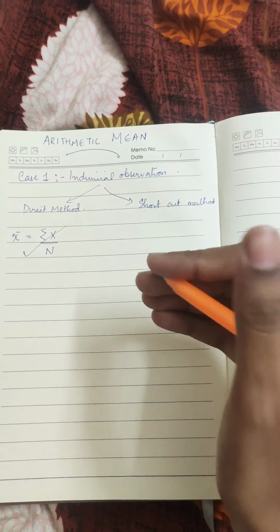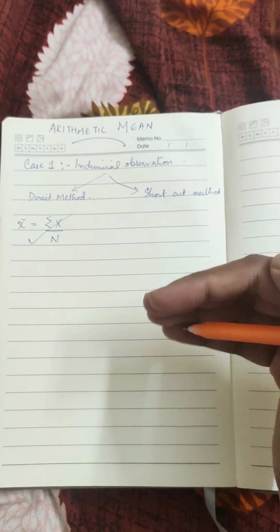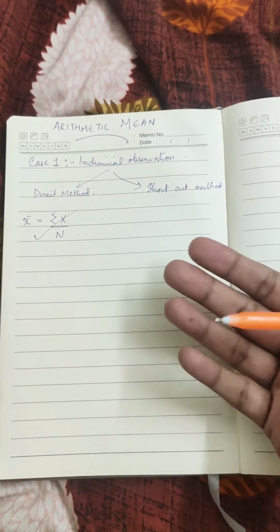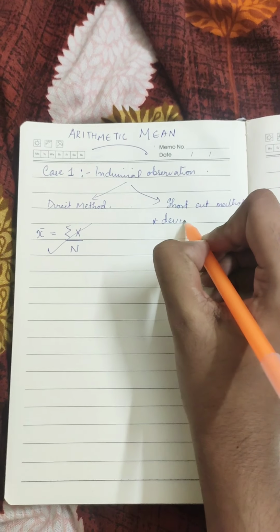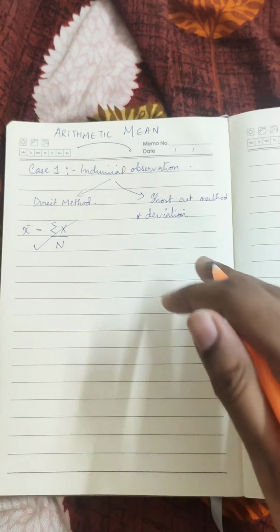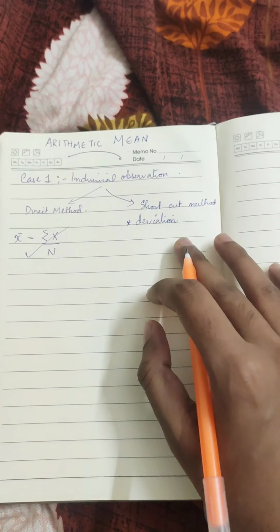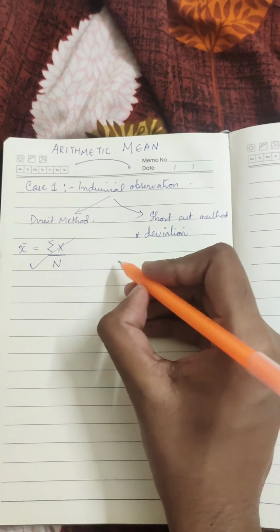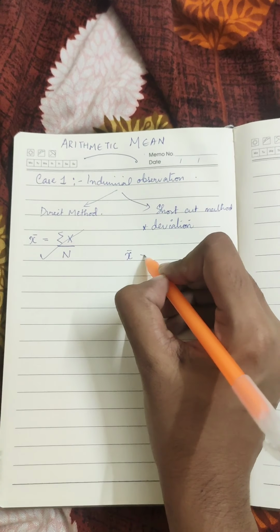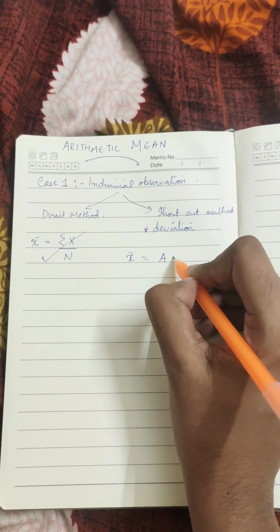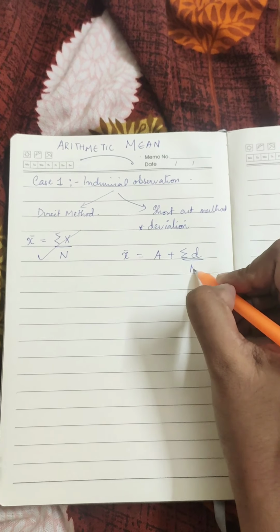Under this method, a value preferably from the middle is assumed as the value of your average, and then from that you'll find out something called deviation. So you'll find out the deviation, and from that you will work out what the average actually is. Alright, so over here the equation of arithmetic mean is x bar is equal to A plus sigma d, small letter d, divided by n.